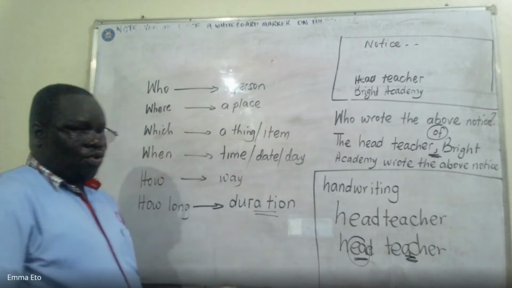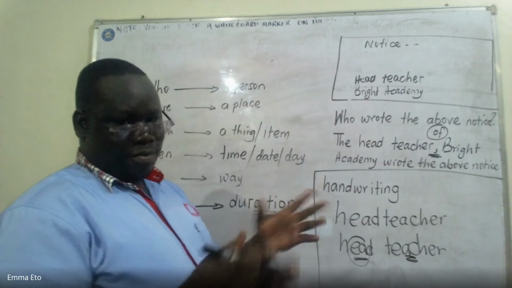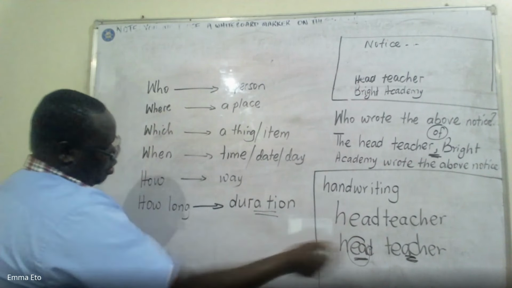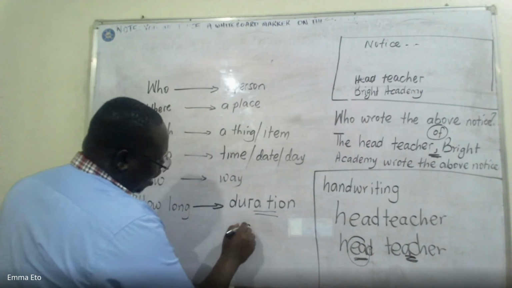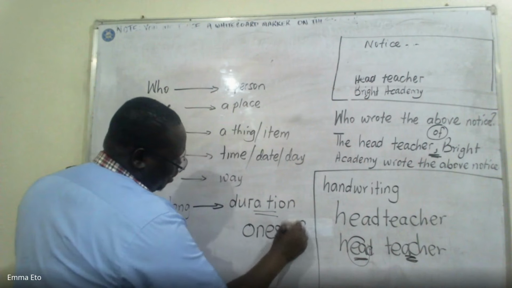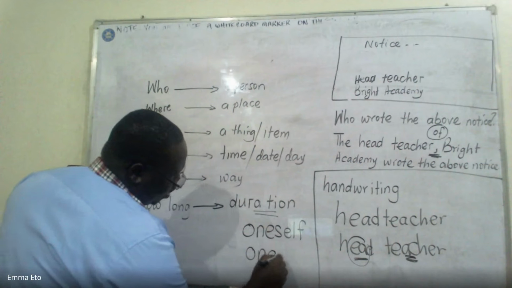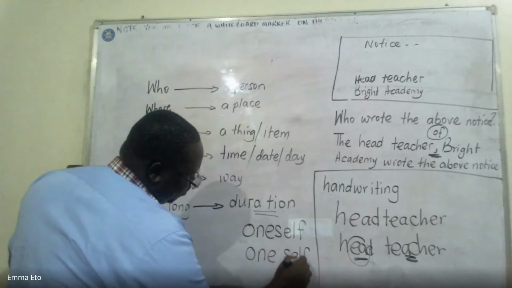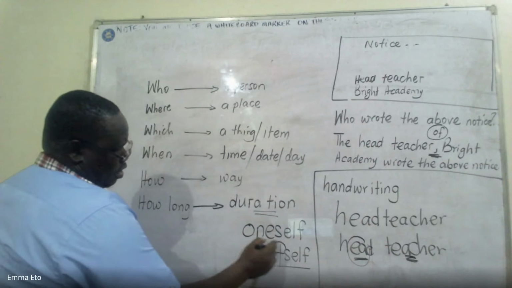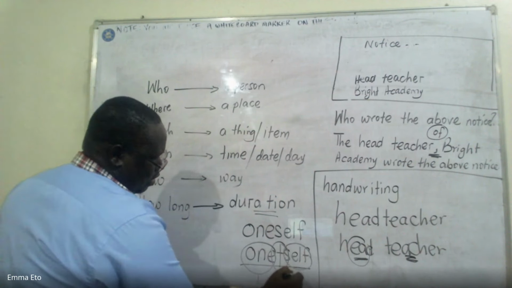More so to compound words. Maybe two words forming a single word. For instance, the reflexive pronouns or the reflexives. If I have oneself, which is supposed to be written like this as one word, and then I have mine here, one, and then self. Already this spacing here means that I have two meanings, the first one and the second one.